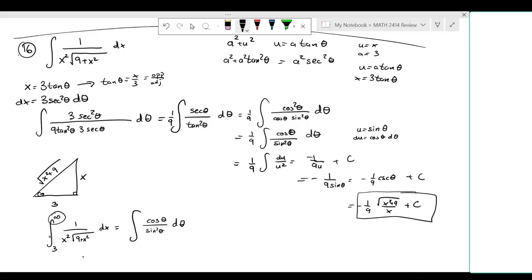Remember that the substitution we're using here is x equals 3 tangent theta. Okay, so when x is 3, we would have to figure out that tangent must be 1, which we're going to assume that theta is pi over 4.